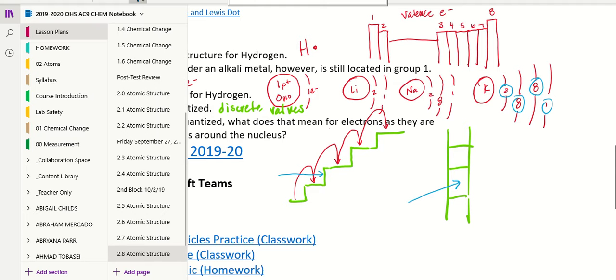Are any electrons located between the energy levels? No. So these electrons are filling in, and they have discrete energy levels. These electrons are quantized. So the way we fill in electrons, we fill them in a quantized manner around the nucleus.